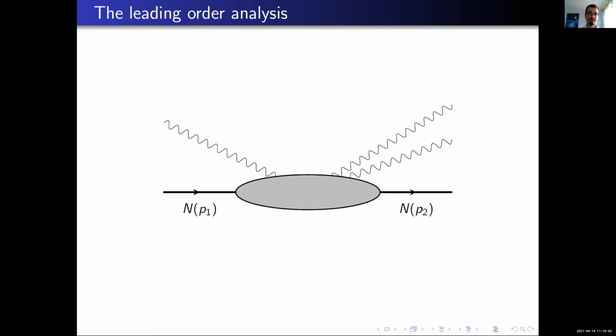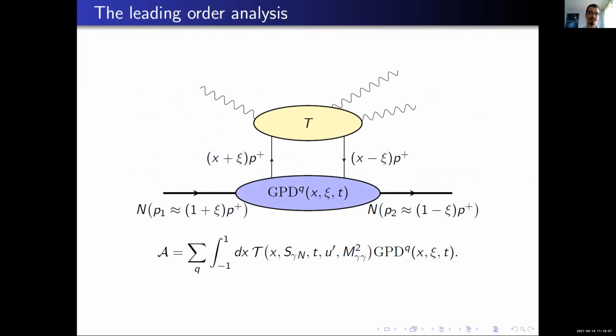So at the leading order, we apply the factorization so that we split the amplitude corresponding to this process into two parts, one being the non-perturbative part depending on generalized parton distributions. And the other part is the so-called hard part, which describes the perturbatively calculable interaction of photons with partons taking part in the process.